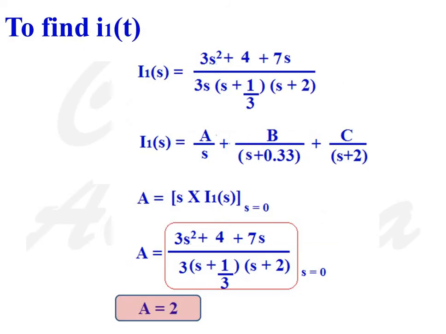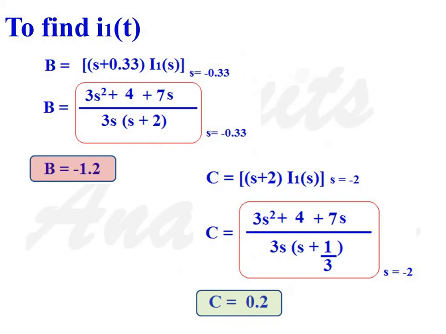So we can write I1 of S is equal to A by S plus B by S plus 0.33 plus C divided by S plus 2. We will get A is equal to 2, B is equal to minus 1.2 and C is equal to 0.2.